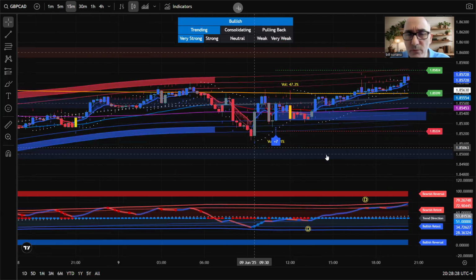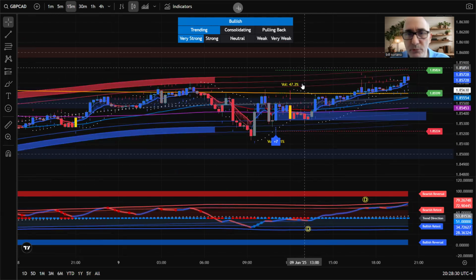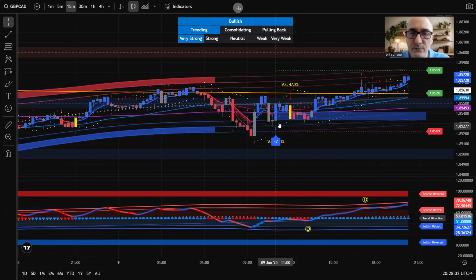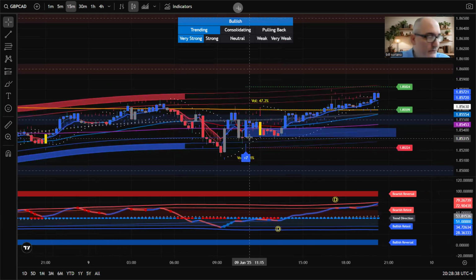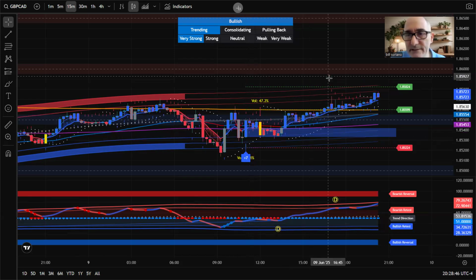Price was in the lower Bollinger Band, higher time frame trend was bullish. We have the blue candle, the blue sniper arrow, and the trend is blue as well. So this is another trade that you can enter off of the scorecard candle right there, guys. You get in right there.